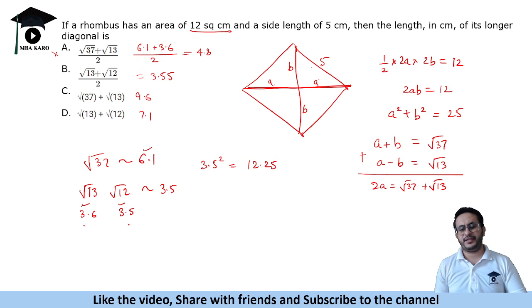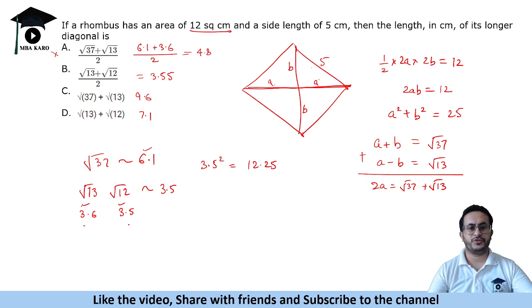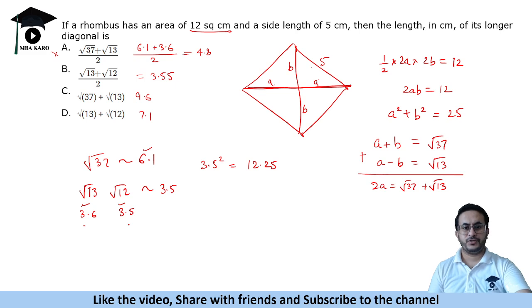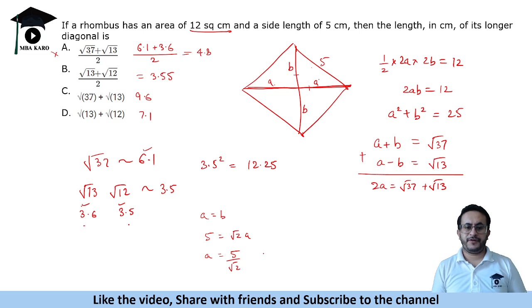Okay, now let's look at one thing, which of these should we choose? Should we choose 9.6 or 7.1 as the answer? So look at this thing carefully. See, if both of them were equal diagonals, so if A was equal to B, then 5 would have been root 2A, or A would have been 5 by root 2, 2A would have been 5 root 2.